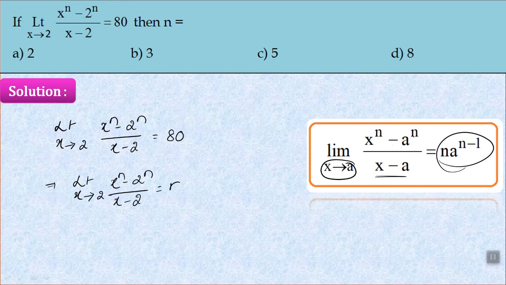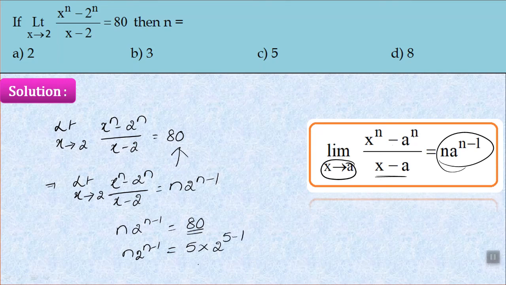Here a is 2, so n into 2 power n minus 1 is equals to 80. This can be written as 5 into 2 power 5 minus 1. Therefore n is equals to 5. Therefore the answer is option C.